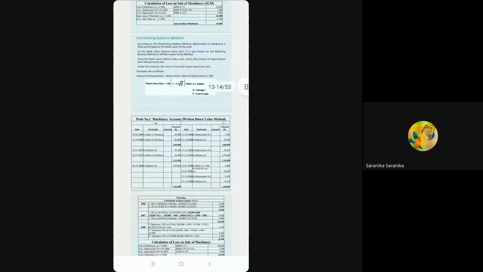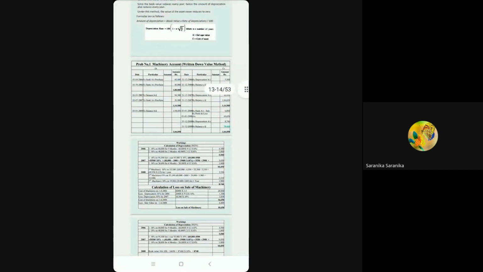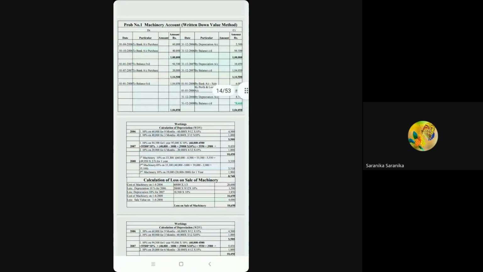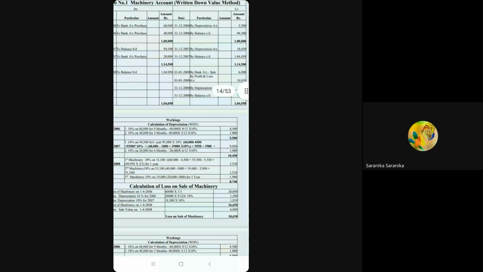See here. The same problem under straight line method, what we have calculated, same thing we have calculated under written down value method. First year will be the same, that is the amount of depreciation for 9 months. 10% into 9 months, you have to calculate, 5,500. See the next year, second year 2007 depreciation, how we have to calculate?